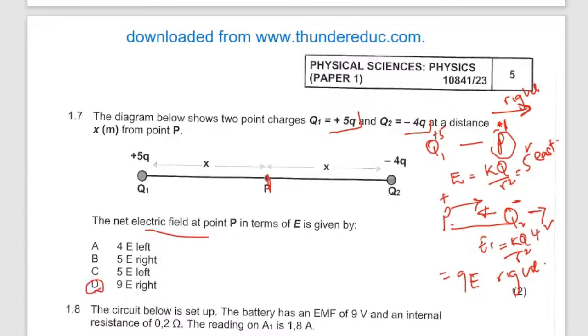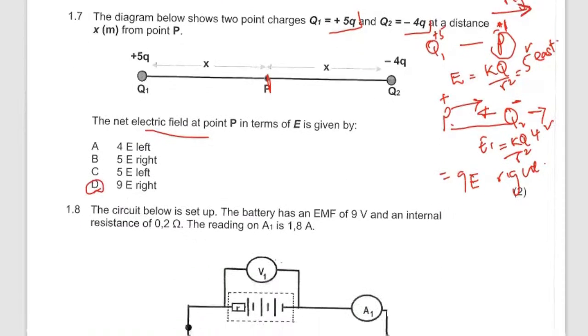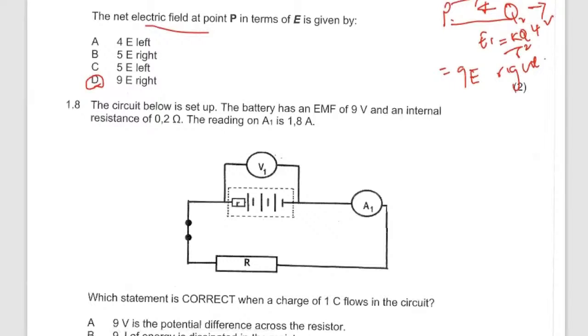Then 1.8. We have a circuit below, which is set up. The reading of the EMF is 9. There's an internal resistance of 0.2, and then the ammeter reading is 1.8. Which of the following is correct when 1 coulomb of charge flows in the circuit?